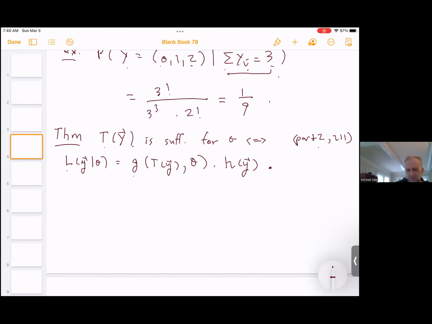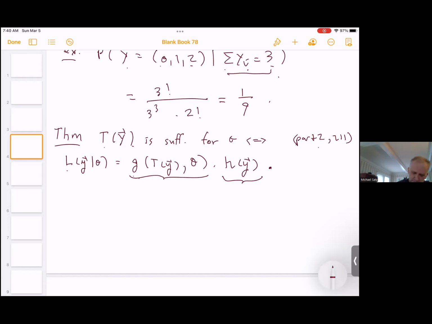One of which is a function of little y only through the sufficient statistic, and this term can include the parameter, and another term which can now be a general function of little y but may not include the parameter.